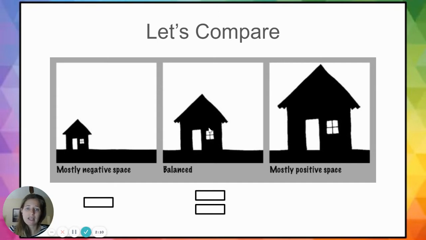It has about the same amount of white space as it does black space, or negative space as it does positive space. The next picture is mostly positive space. It has a big dark subject, the house, and has very little showing in the background, or in the negative space.